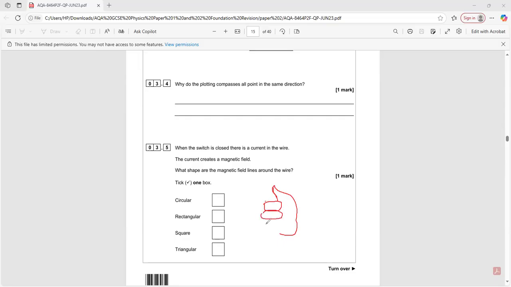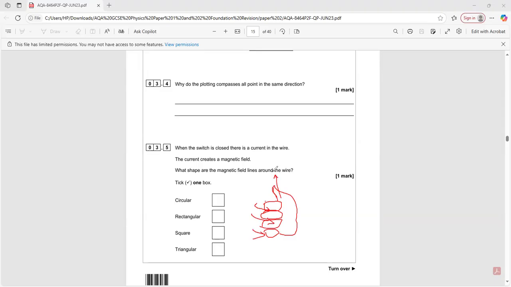So your fingers being like this show the direction of the magnetic field, while your thumb pointing upwards shows the direction of flow of the electricity.